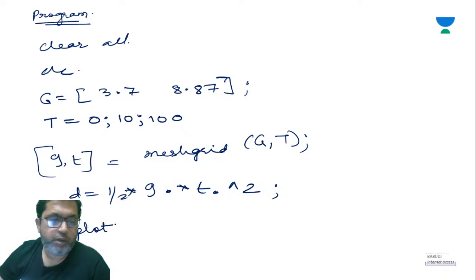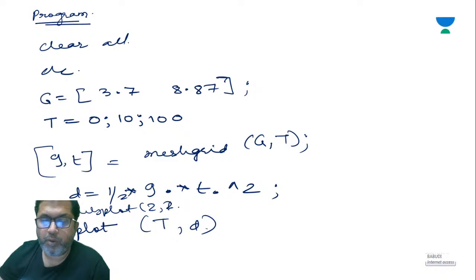So we'll see plot t comma d. Before that we'll introduce subplot 2 comma 1 comma 1. So plot t comma d.